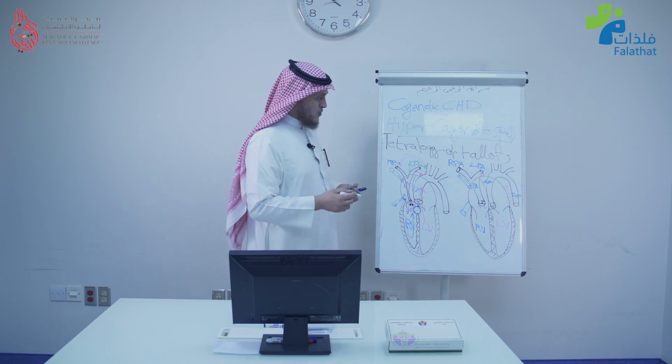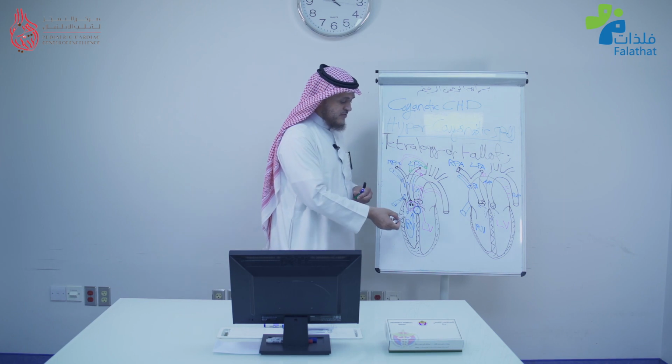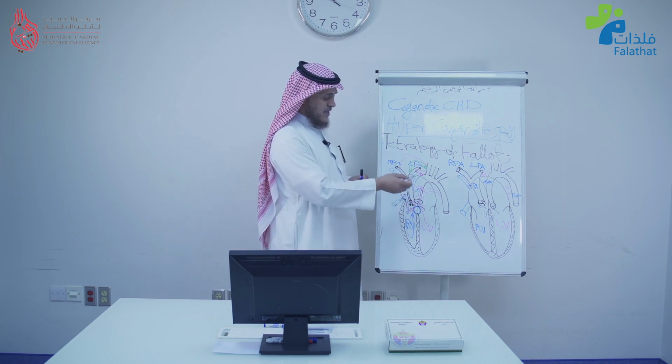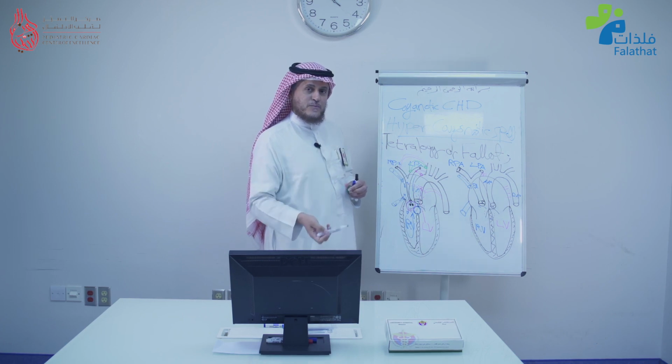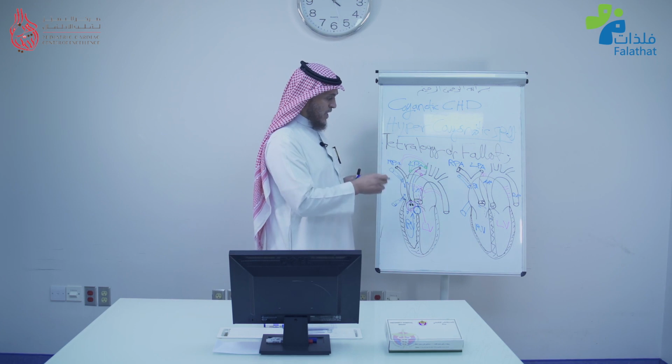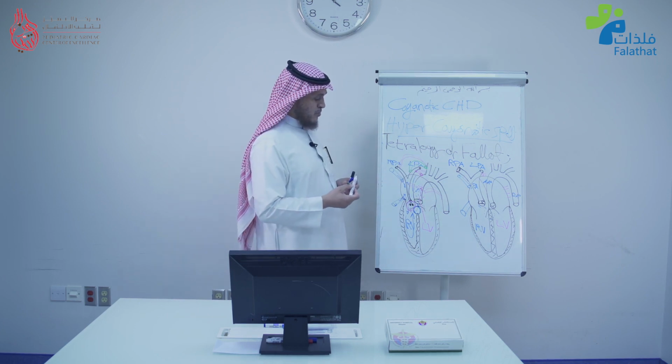So Tetralogy of Fallot, to recap, is an obligatory right to left shunt. And mixing happens in the VSD and in the aorta. There is decreased pulmonary blood flow. So the cyanosis is quite apparent and is quite significant, unlike the ones with increased pulmonary blood flow.